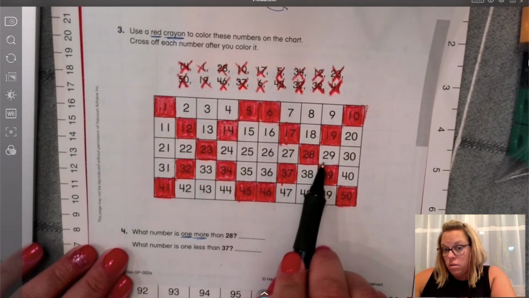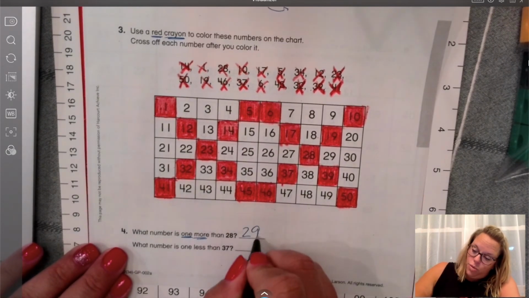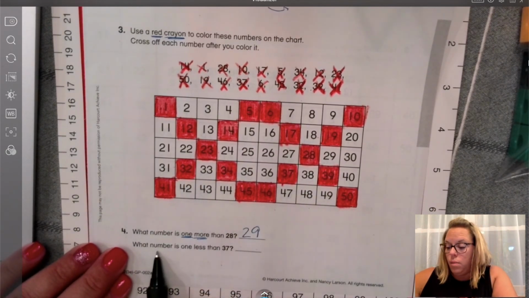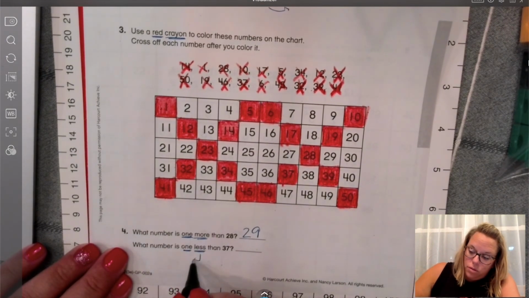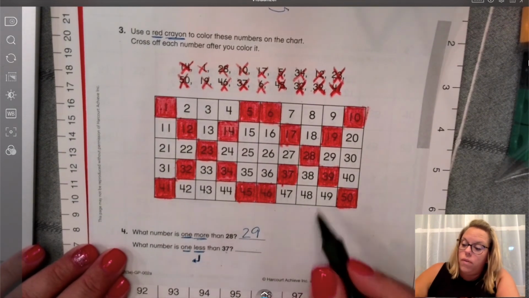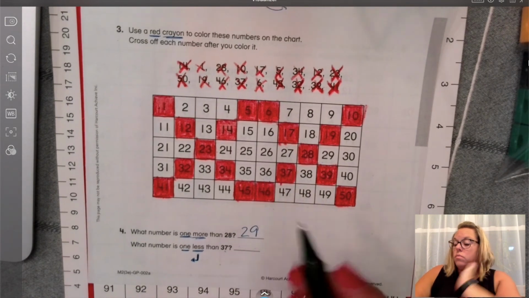To the right, to the right. Go ahead and write it down. 29. What number is 1 less? Ooh, remember left, we have to go to less, we have to go to the left. So find 37. What's 1 less than 37? Go to the left.